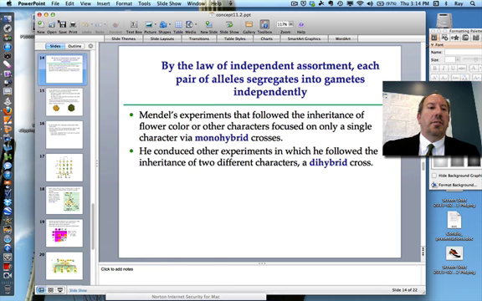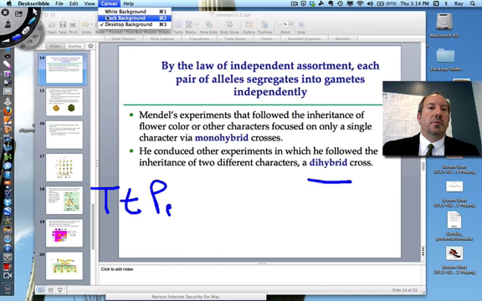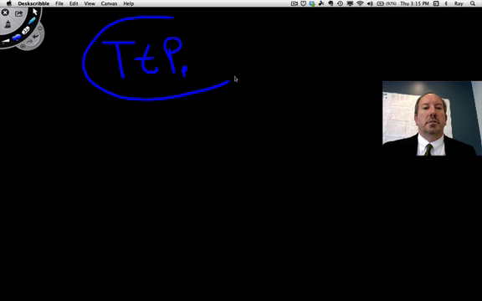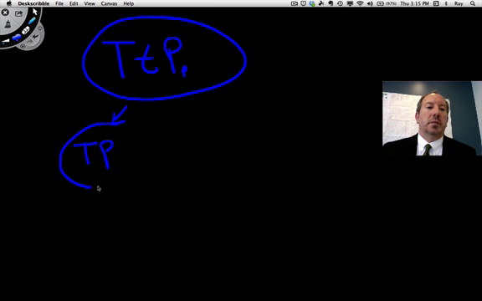What would you say if you had a plant that was big T, little t, and big P, little p? Let's consider what the possible gametes from this are. When these segregate and you form pollen, you can have a big T go over to this and a big P go over to this one. So that's one possibility.